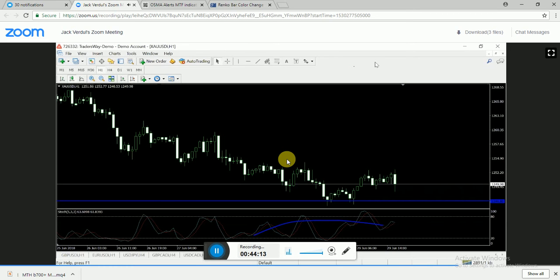I was reading the question. But yeah, when you wait for those confirmations, no matter what time frame you're in, you just have to look at the two candles after the last candle that hit support or resistance.